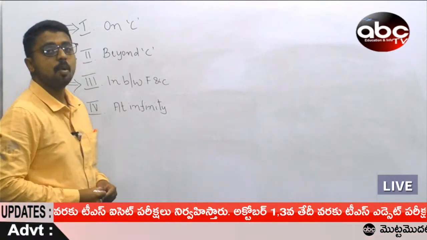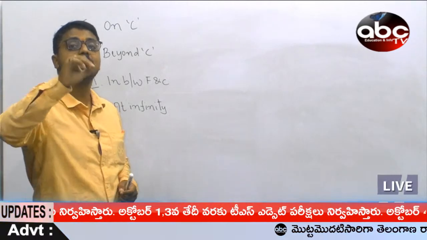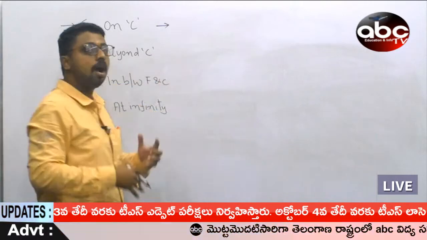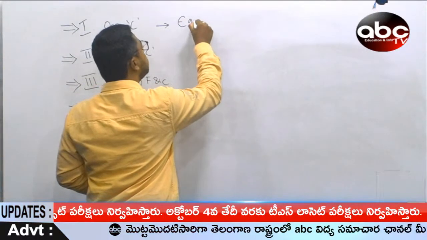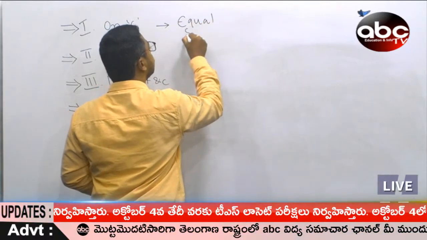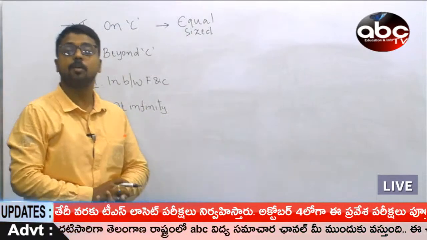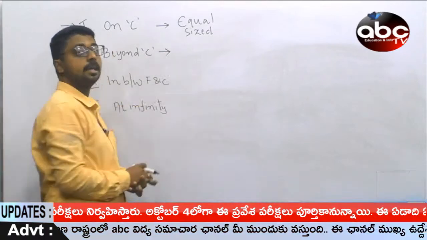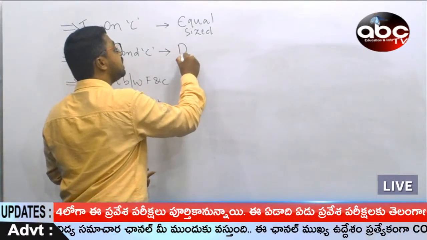Let us once recall what type of images we obtain here. On C, what image did we obtain? We obtained an equal sized image. Beyond C, what type of image did we expect? It is a diminished image.